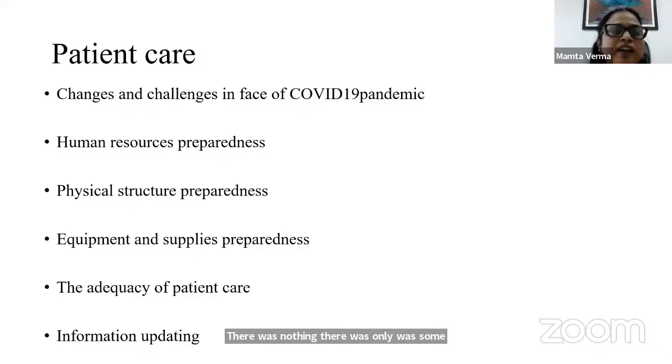We created partitions, we brought the beds, we brought the ventilators, we managed equipment, everything overnight. But the physical structure was not prepared, and at that time you couldn't say no, or pause, or wait. The order had to be executed because we were in action mode. So physical structure preparedness was another challenge for the nurses.